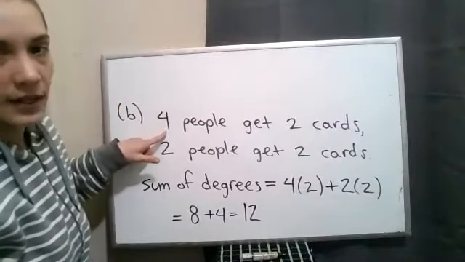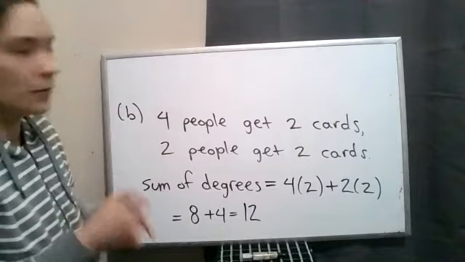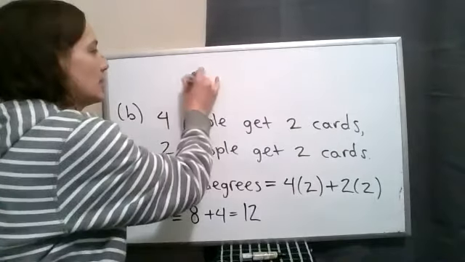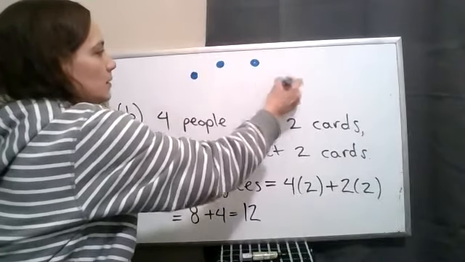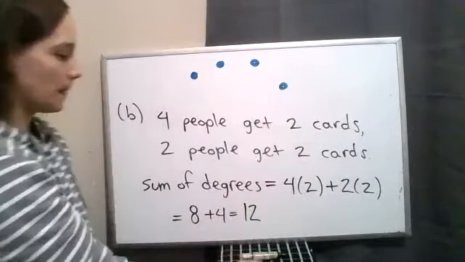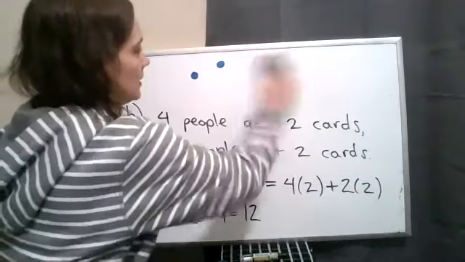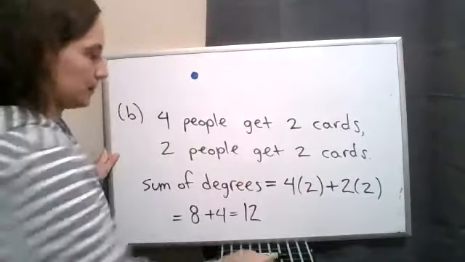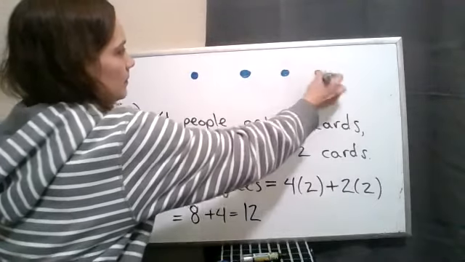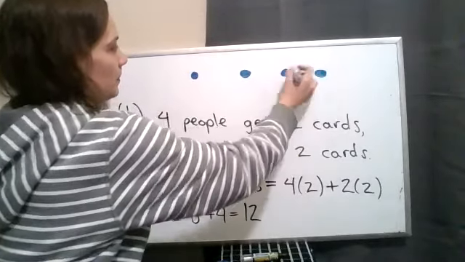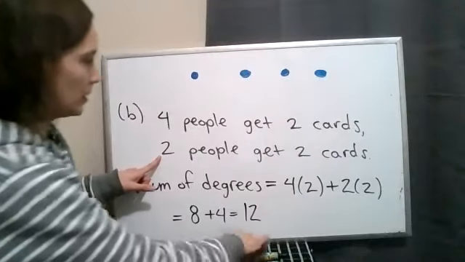So we're going to start to draw now. We're going to draw 4 vertices for the 4 people that we start with. Okay. And actually, I'm going to put them more side by side. And then there's 2 other people who get 2 cards. Put them down here.